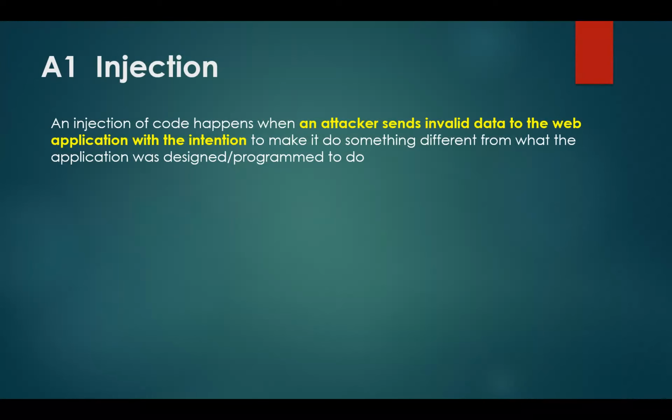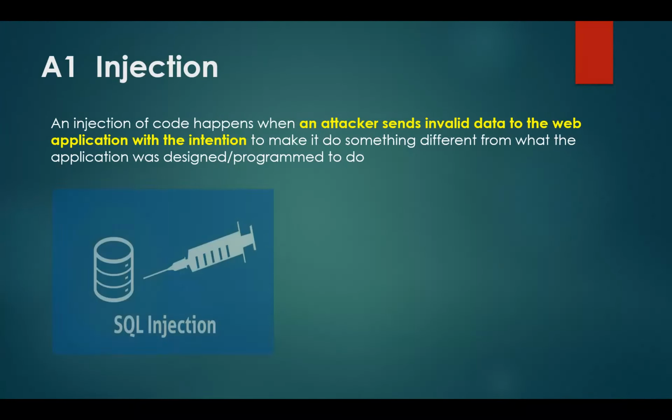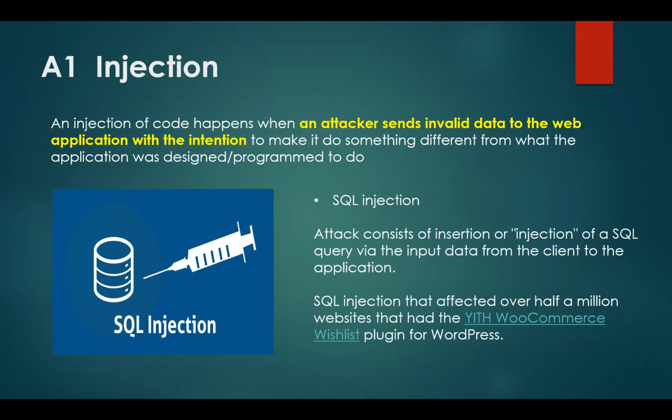There are some types of injections, but the most representative injection is the SQL injection. SQL injection means an attack consisting of the insertion or injection of an SQL, structured query language, query via the input data from the client side to the application.